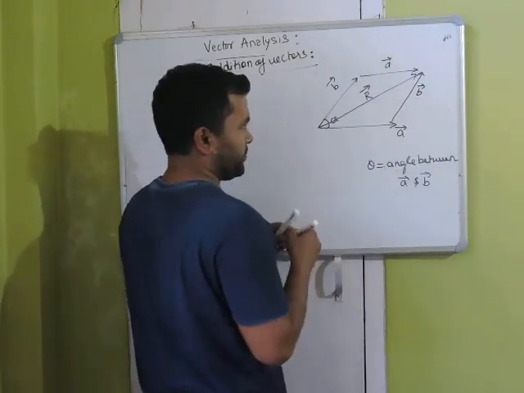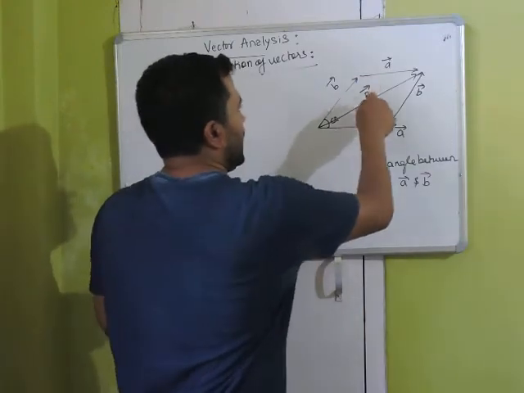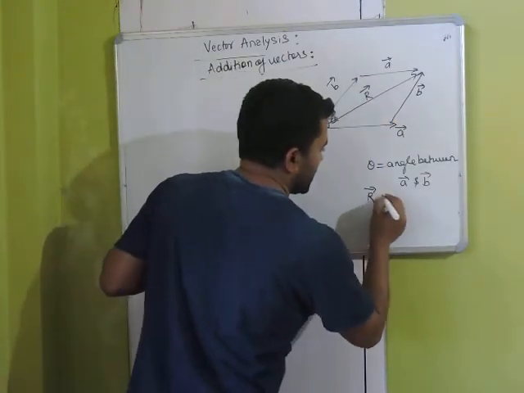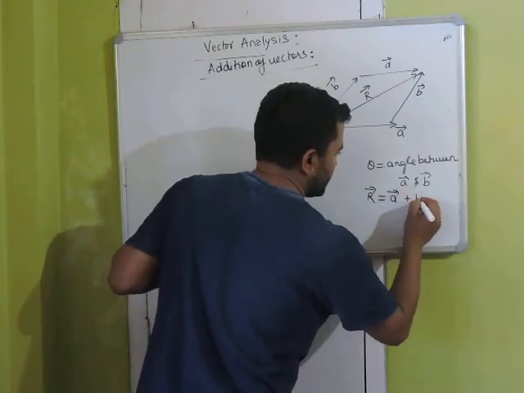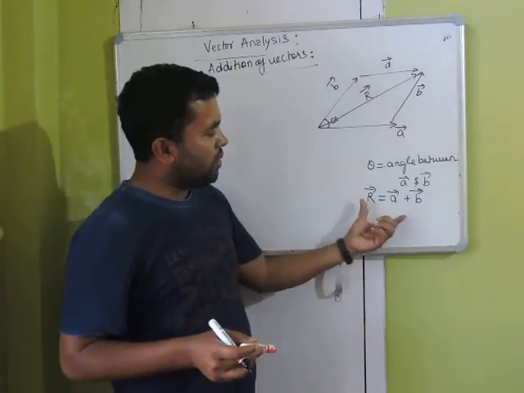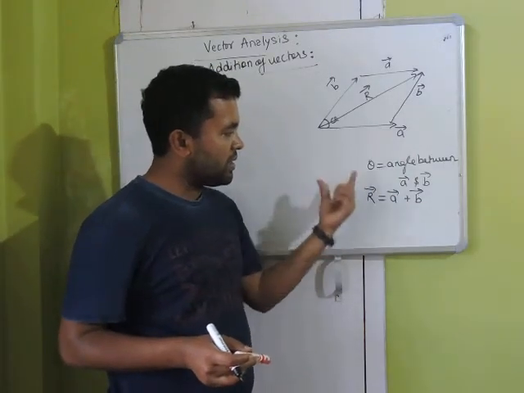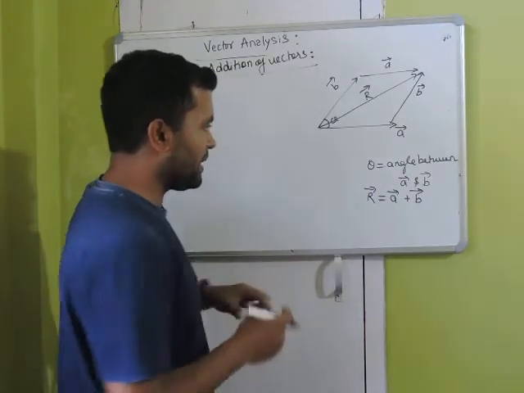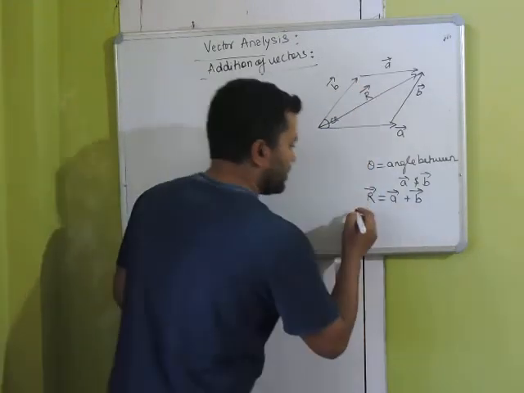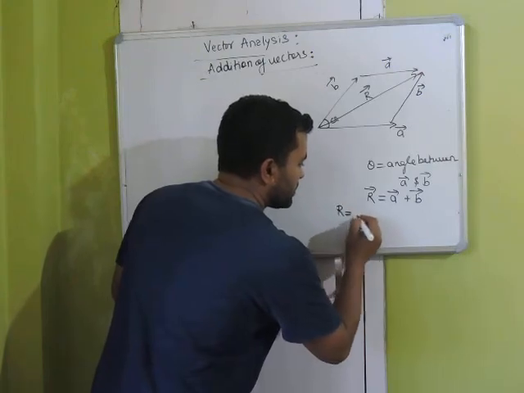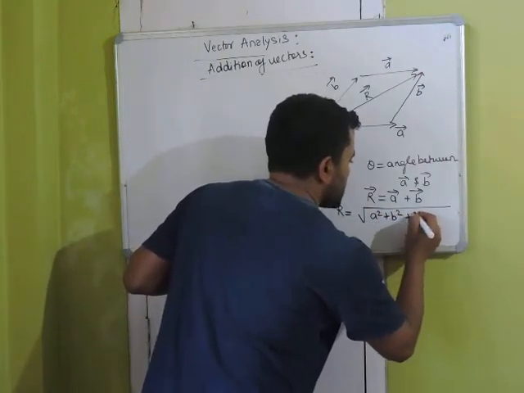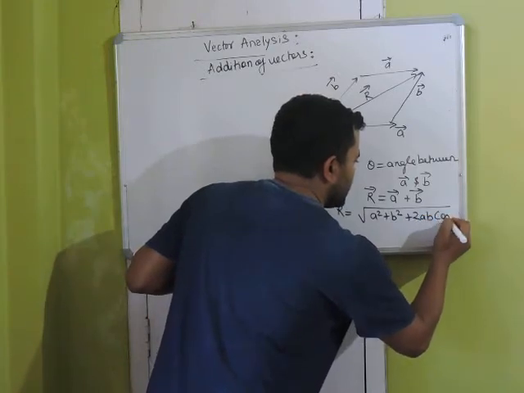Let us say this, using the triangle law, we can write the R vector is equal to A plus B. We are going to prove that the magnitude of R, the number R, will be given by the square root of A square plus B square plus 2AB cos theta.